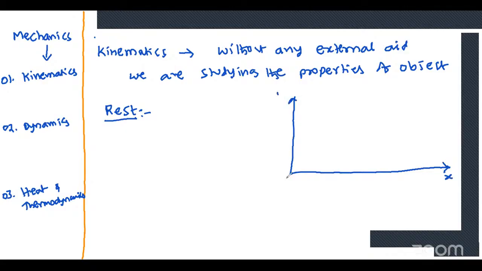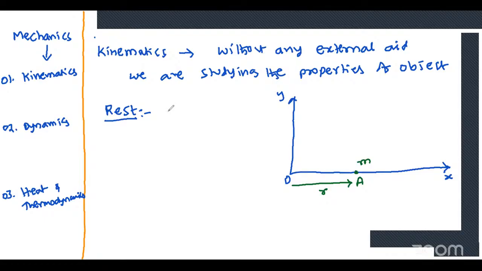In this Cartesian coordinate system, let us consider a particle of mass m, which is at point A. With respect to the origin, it is at a distance, let us consider this distance as r. After a particular time, like 1 hour or 2 hours or 1 day, if the object stays at this position, then we can say that the object is at rest.